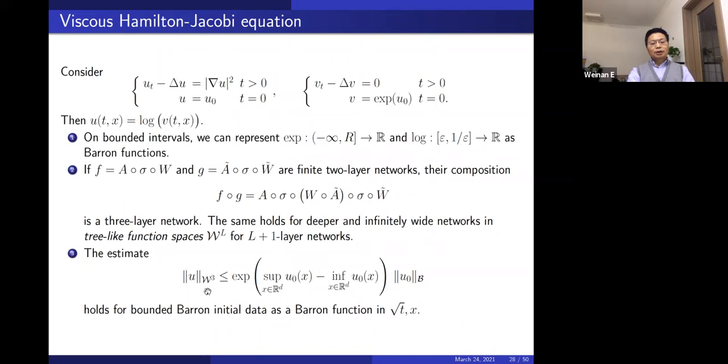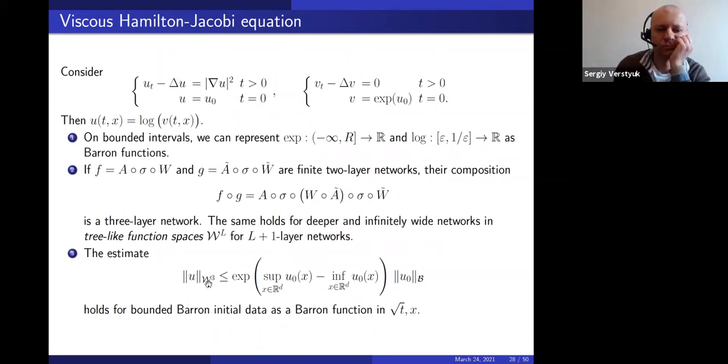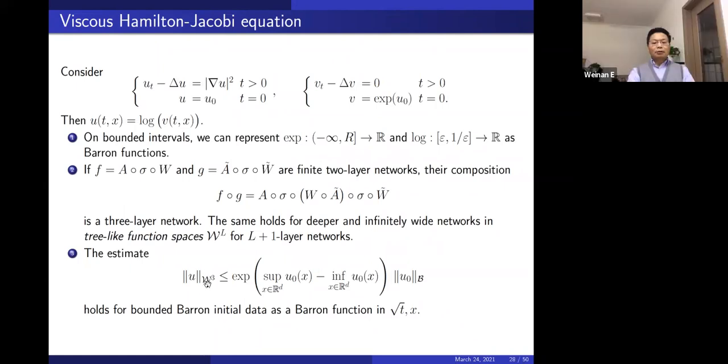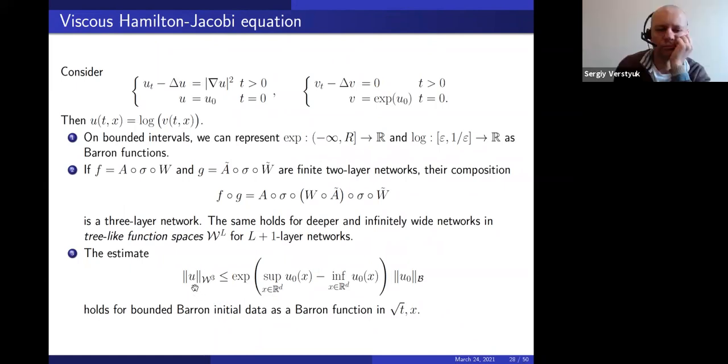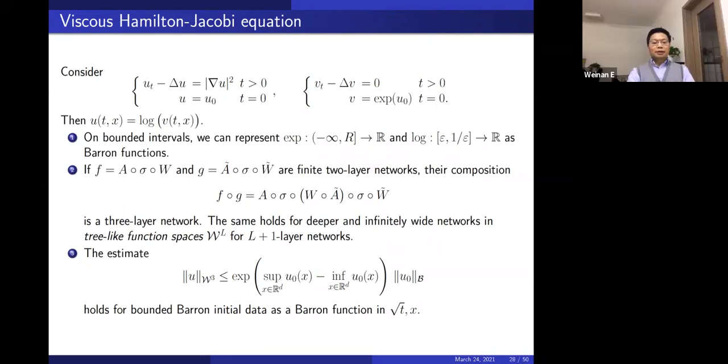So for example, in this theorem here, we suspect that if you replace this by the Barron norm, this wouldn't work. This wouldn't be true, which implies that the solution cannot be very easily approximated by a 2-layer neural network.